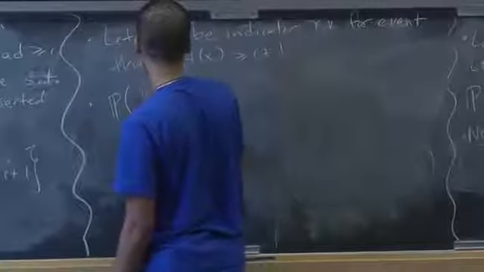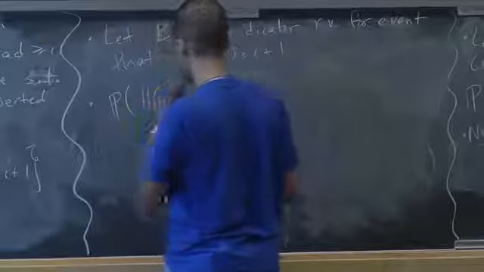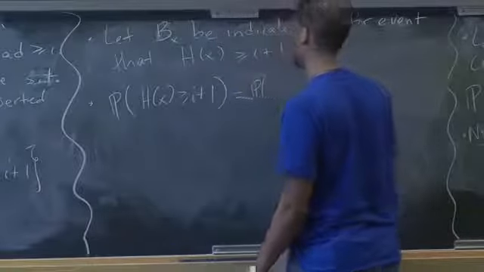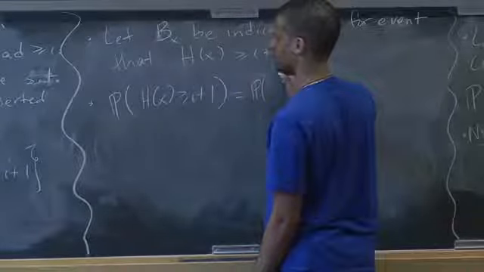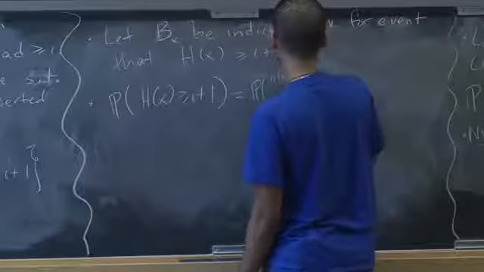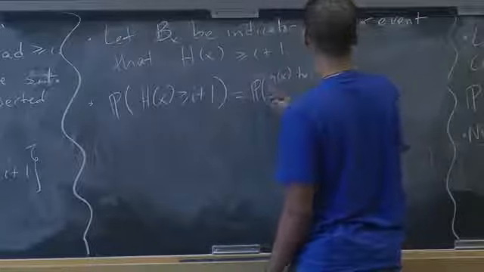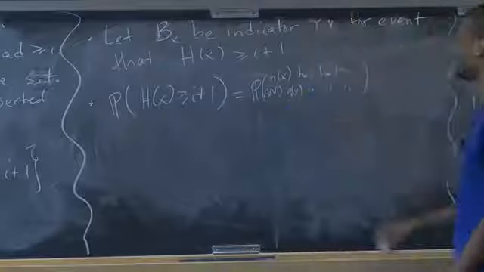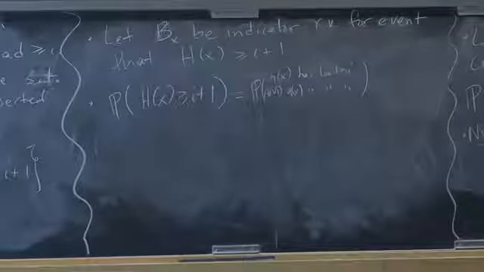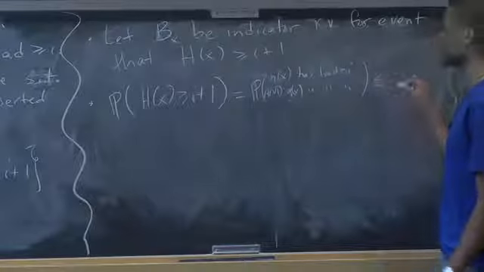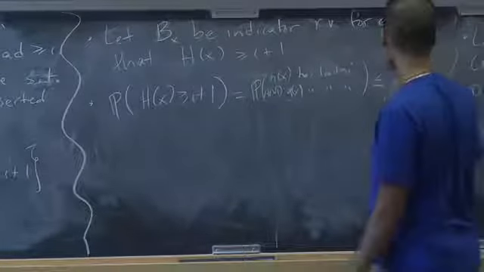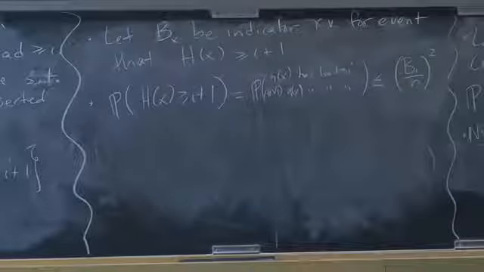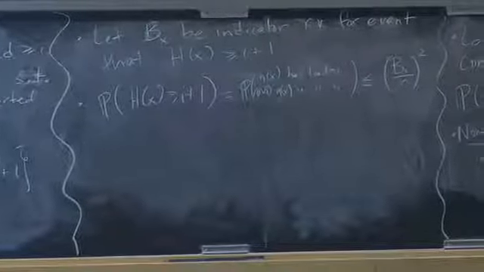So the probability that h of x is at least i+1 is equal to the probability that h of x has load at least i and g of x has load at least i. But h and g are independent functions from each other. So this is at most b_i over n squared. Right?